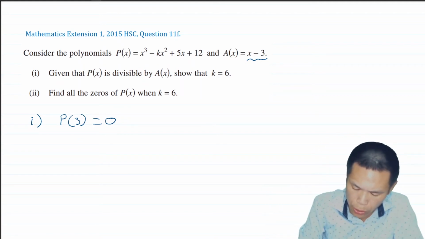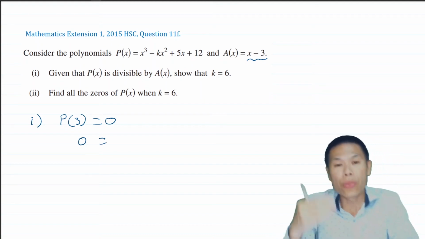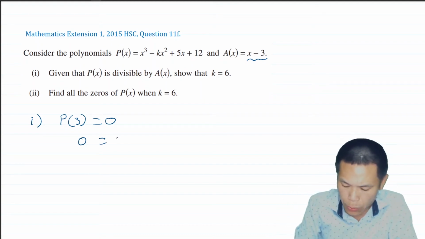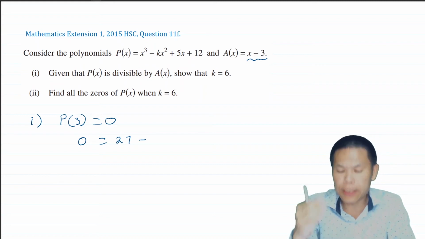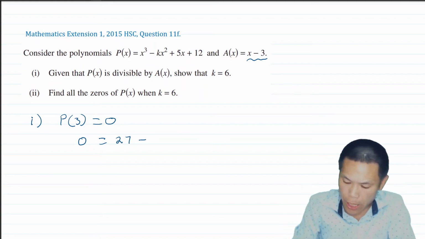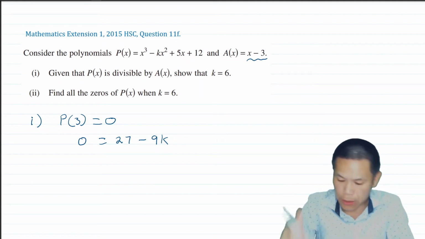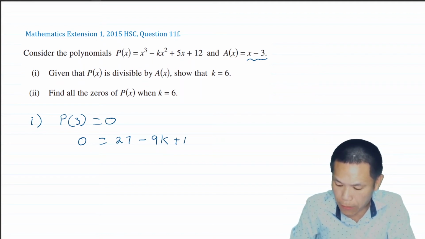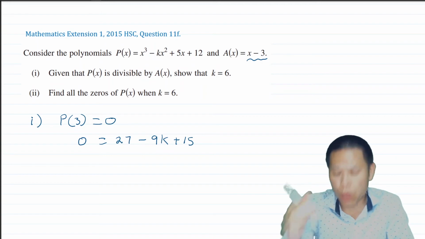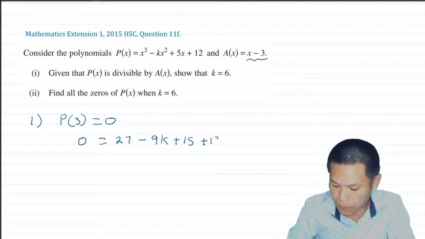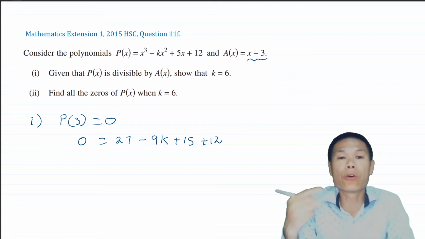So we just put 0 is equal to 3 to the power 3, which is 27, minus 3 squared, which is 9, so that becomes 9k. And then 3 times 5 is 15, so plus 15 here, and plus 12, we just write this down. There you go. Then we just solve for k.